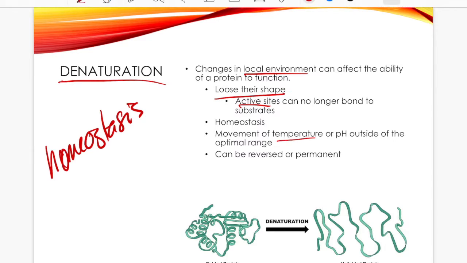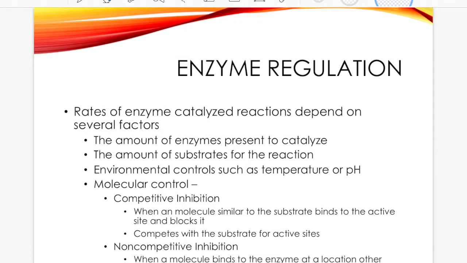If I throw an egg onto a frying pan and heat that egg up to the point where the proteins in that egg denature, it changes the way the chemical bonds are between the polypeptide strand, and that egg is cooked. I can't uncook an egg. That egg is cooked for all time. So it is irreversible. In some situations, a denatured protein cannot return back to its original shape. In most situations, they can return back to the original shape.